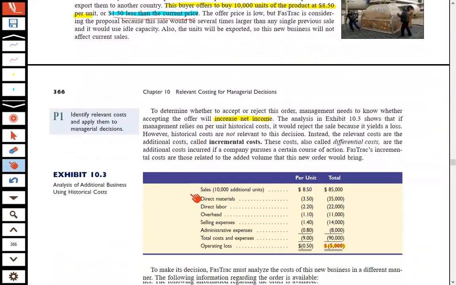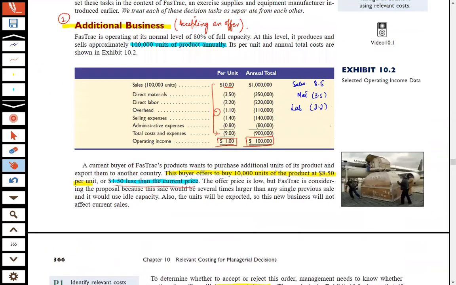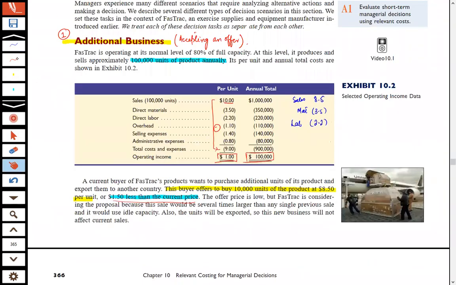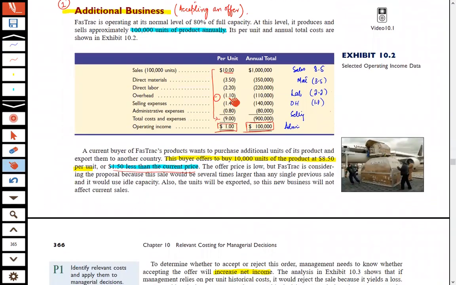Overhead is 5,000, and 5,000 divided by 10,000 per unit would be 0.5. Wait, not 0.5. It's 1.1. This overhead is assumed to be variable, 1.1.